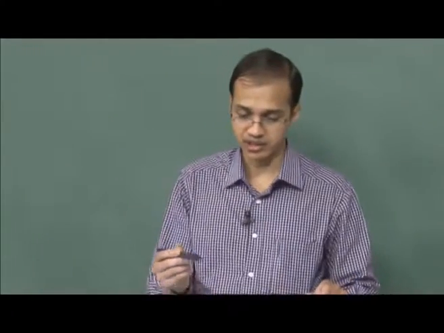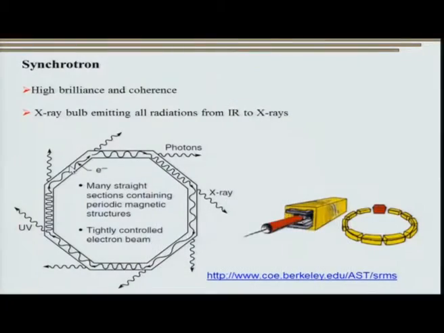Here you see that it comprises a large ring of straight and curved sections. A very good collection of synchrotron notes is available on the Berkeley site, and I request you to go through Professor Atwood's lecture on synchrotron, wherein he covers the details of synchrotron generation as well as various experimental techniques that can be used with synchrotron.